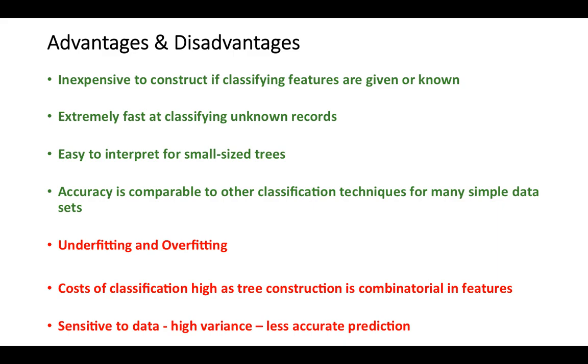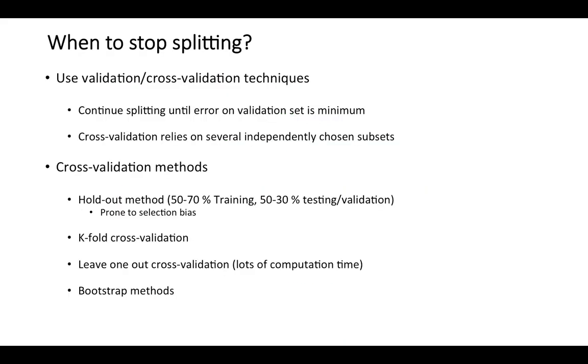You have to choose features, it's going to be combinatorial, right? And it's sensitive to data, it will have a high variance. Even a very small change in the data point is going to give you a radically different tree. So those are the biggest problems in using classification trees.